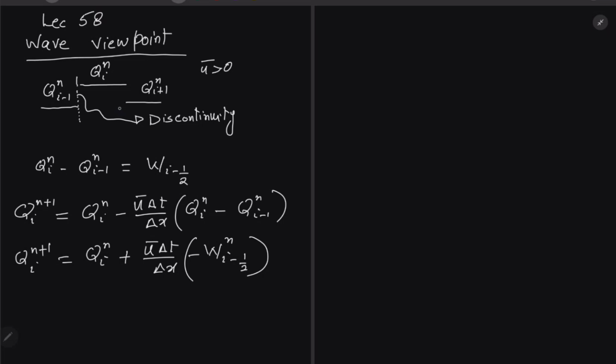So we have this formula. Similarly, we discussed u bar greater than 0; if u bar is less than 0, then we have Q_i^{n+1} equal to Q_i^n minus u bar delta t by delta x.